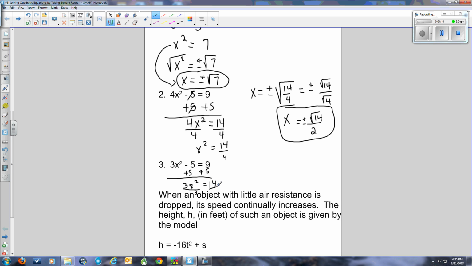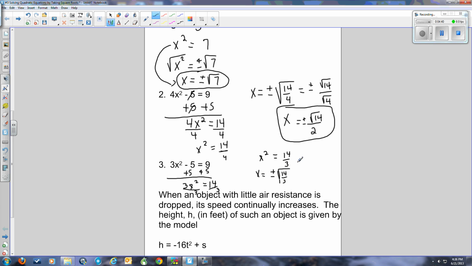We need to divide each side by 3. So we get x squared equals 14 over 3. So we need to take the square root of 14 over 3.